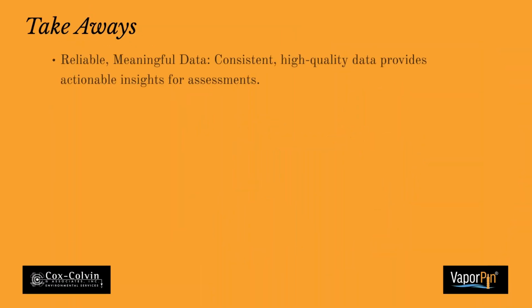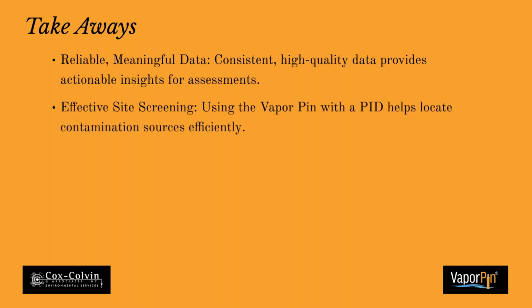So in summary, some of the takeaways I'd like to have you understand here is that reliable, meaningful data, if you can get a high quality data set, it really improves your ability to get some insights from your assessment. Using vapor pen with a PID can help to look for contamination sources very efficiently.